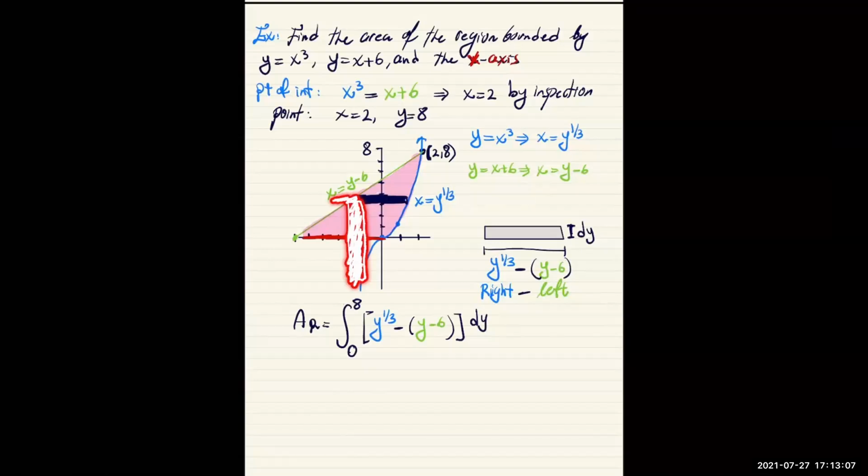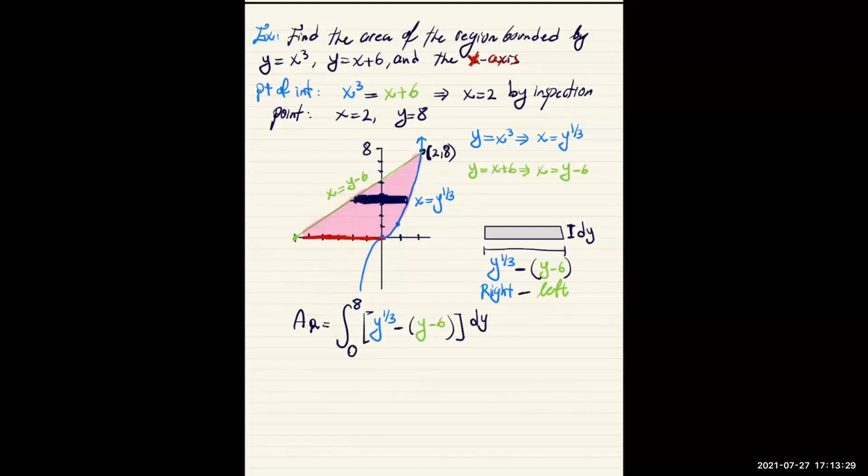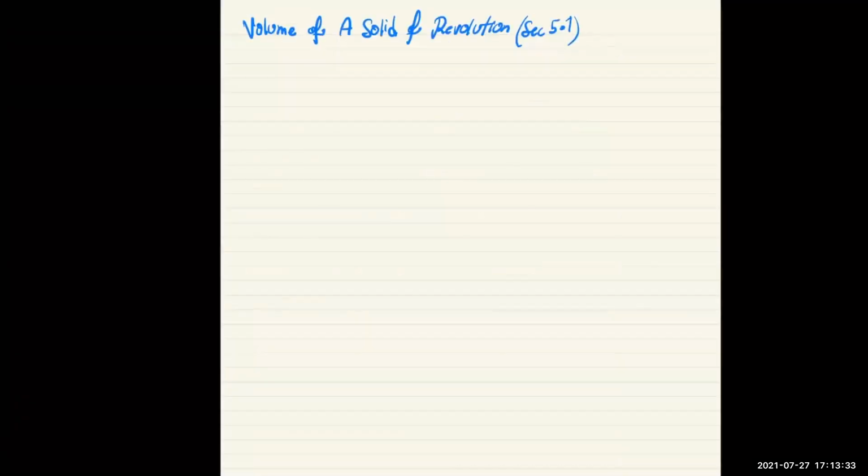This y value is 5, and this y value is -3. When you do 5 minus -3, what do you get? 8. That's a positive quantity, isn't it? Oh, okay. I understand. You get area, you don't get net area. All right. Thank you.